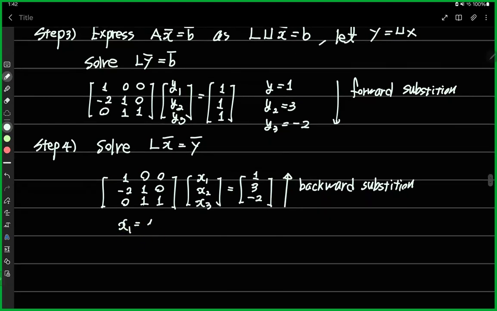X1 must be 1. And then x2, what was x2? X2 is 5, right? And x3 is negative 3, isn't it? Oh, no. Negative 7, isn't it?